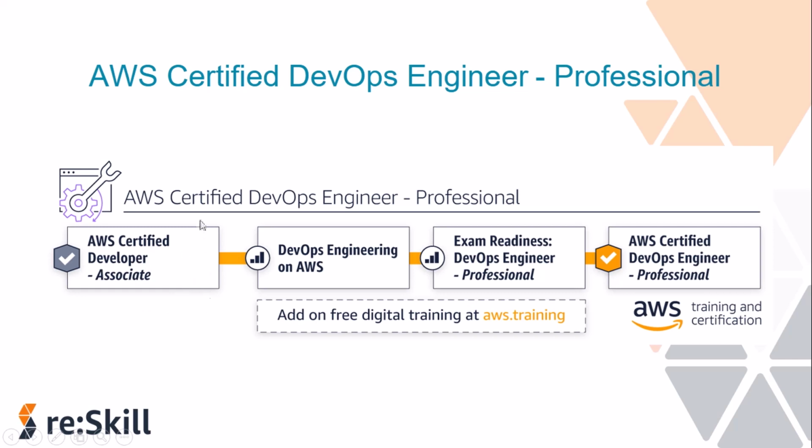Now, after you are done with this, or maybe you are directly jumping onto DevOps, you can enroll for the DevOps Engineering on AWS Classroom program, which is a live training by an Amazon authorized instructor. So you can go for that. But if you are not opting for the classroom training, you can explore a lot more free trainings available at multiple resources that I'll be telling you about in the next slide.